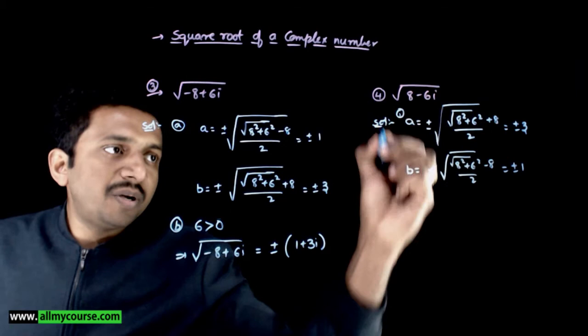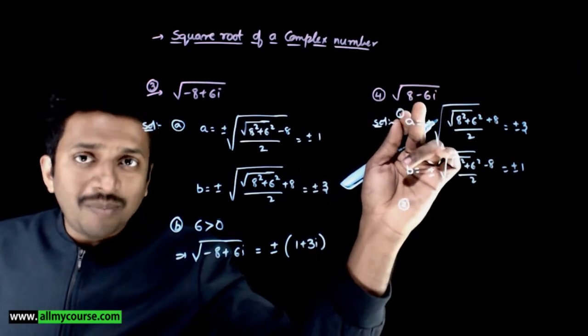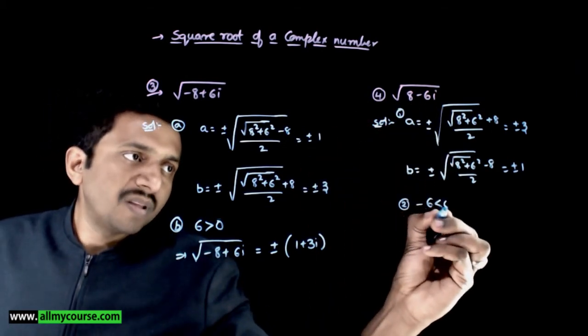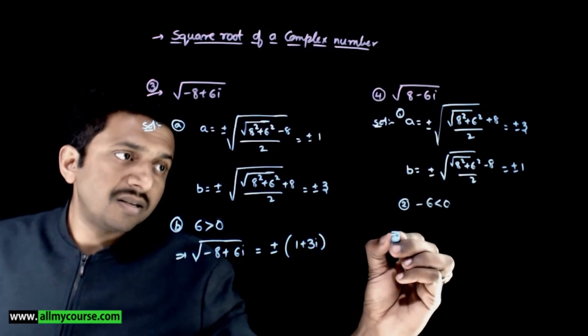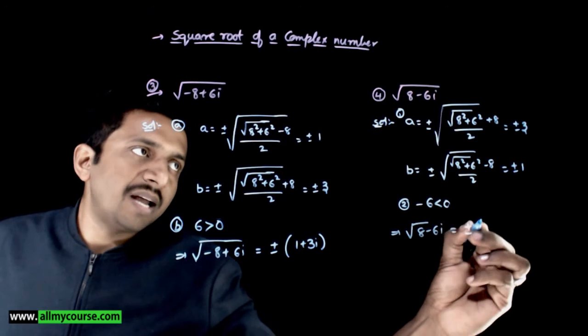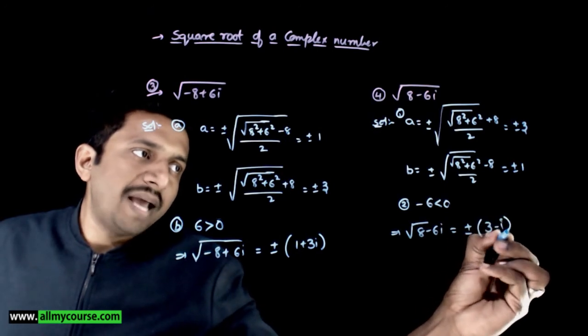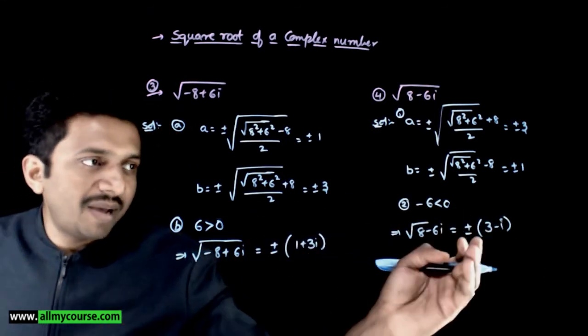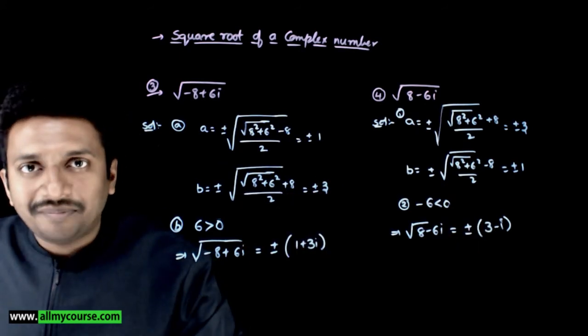This is the first step. The second step, the imaginary part is negative. Hence, root of 8 minus 6i is equal to plus or minus of 3 minus i.